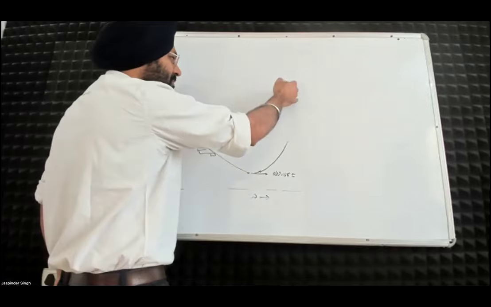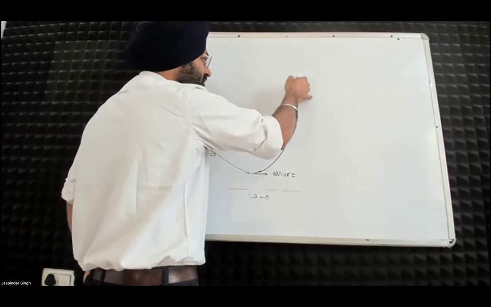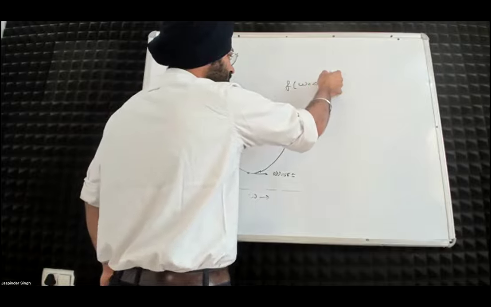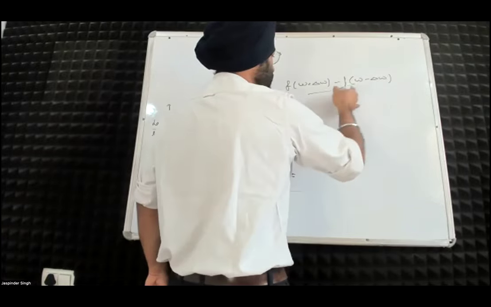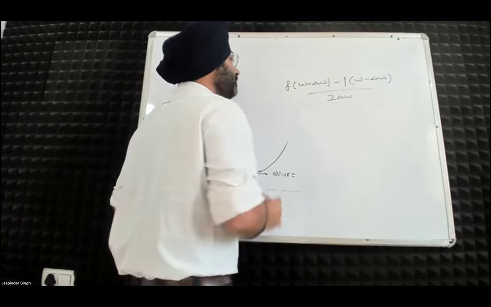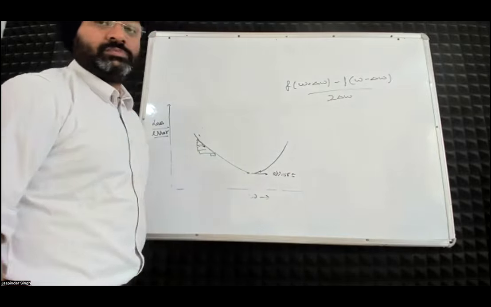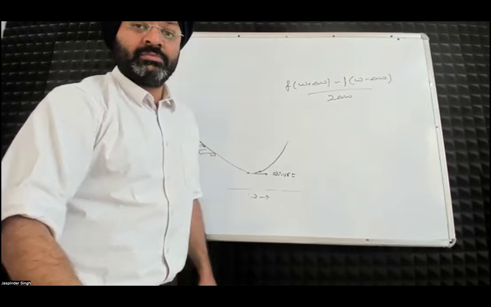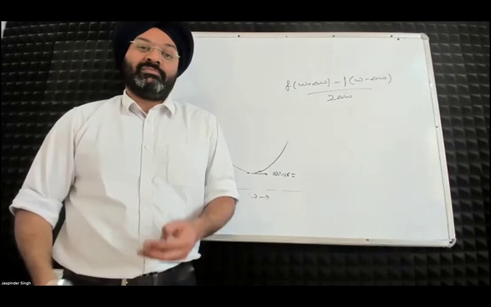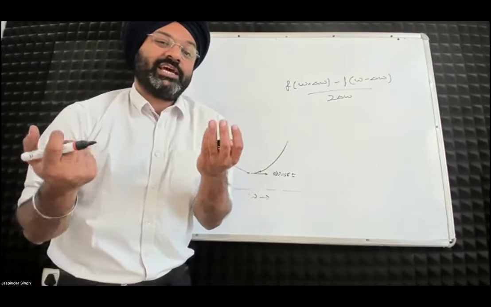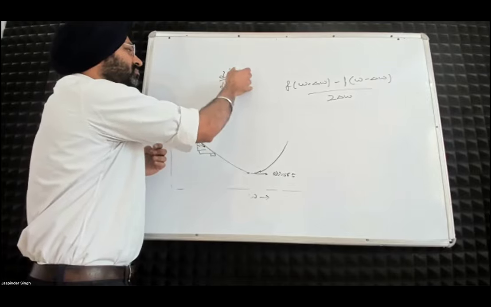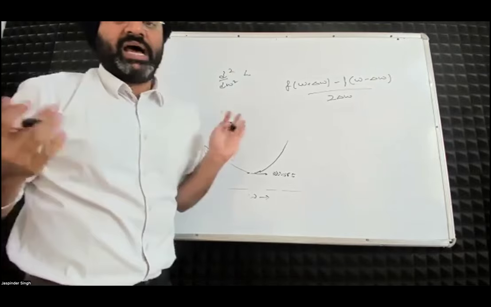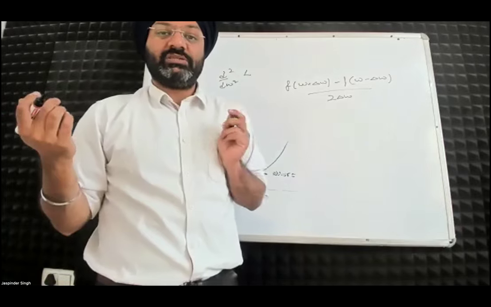If my numerical gradient is nothing but f of W plus delta W minus f of W minus delta W, the central difference, divided by 2 delta W, then the Hessian we can take as the second order derivative of the loss function. I can calculate it like this with differentiation.